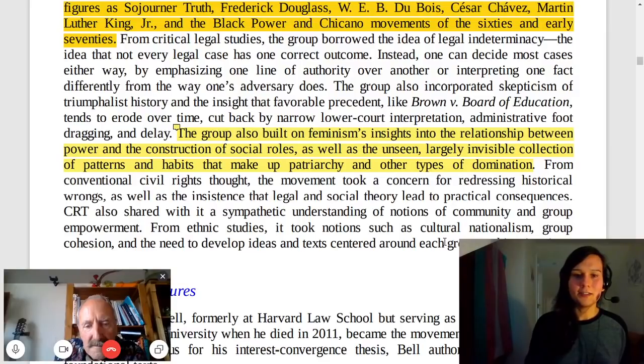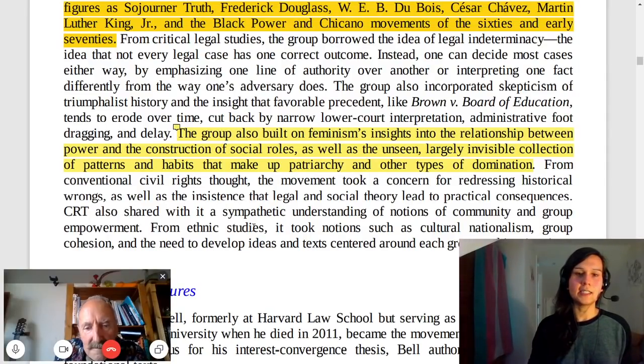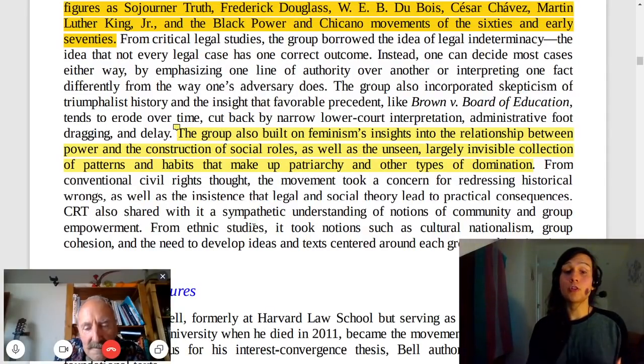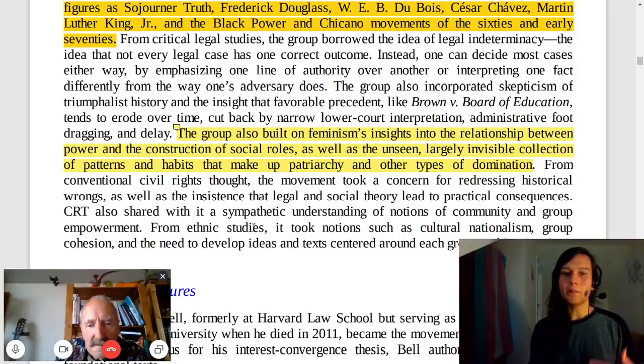But if I were to have a stab at what this sentence is trying to get at, it's saying that the group of legal scholars who incorporated skepticism after Brown versus the Board of Education were building on insights from feminism, and these insights are about how power constructs social roles, so the way that men and women interact in society. Feminists, particularly of the 1970s, wrote about how literal, sometimes legal power at the time informs men and women's social roles.